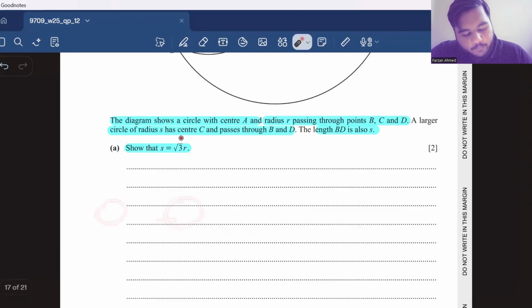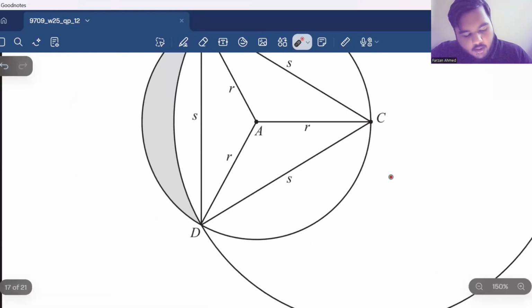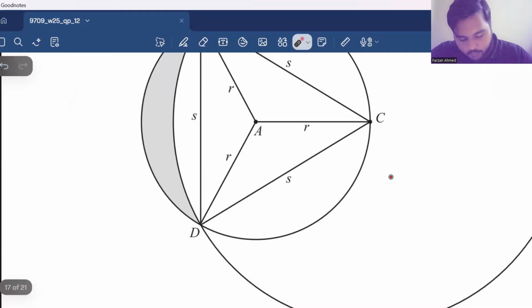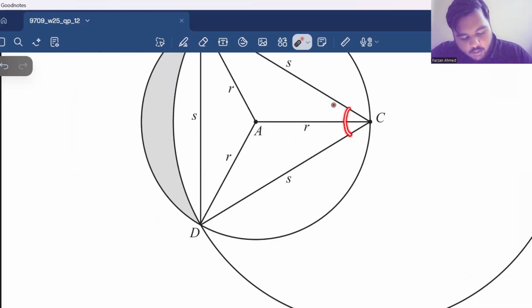So first of all, look at the diagram. This diagram is complicated, so you have to observe this. This whole angle is 60 degrees, which in pi means pi upon 3. So we will divide it in two parts, and it will be pi upon 6 and pi upon 6.